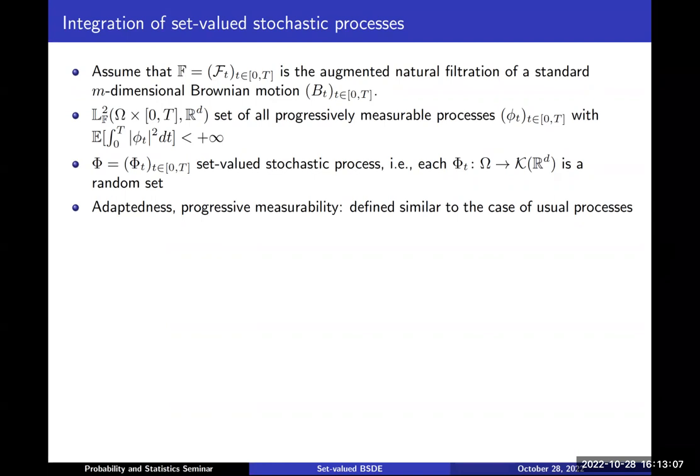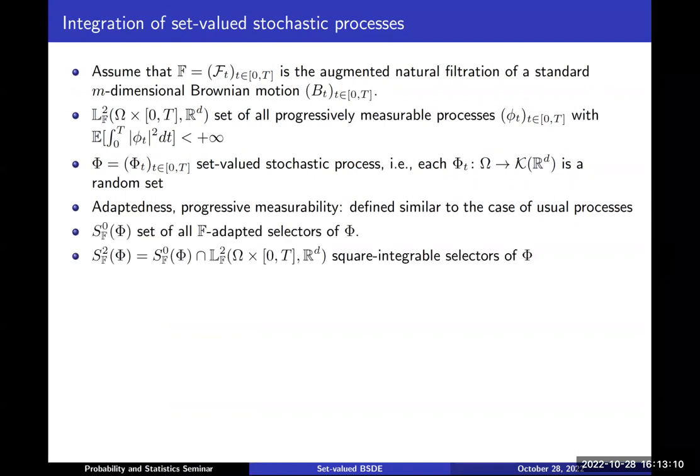This is not a very difficult task, but let's assume that we have those concepts, for instance adapted set-valued processes. In this case, we are interested in adapted selectors, selectors being processes now, not just random vectors. So when you see this filtration in the subscript here, it means that we are interested in processes. So these are measurable selectors, which are processes of a set value. And these are just the square integrable ones in this sense.